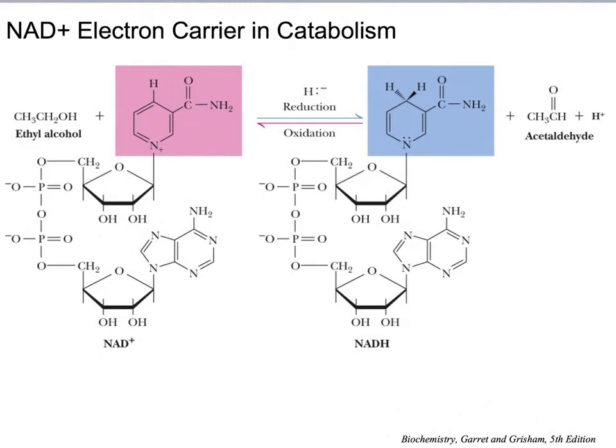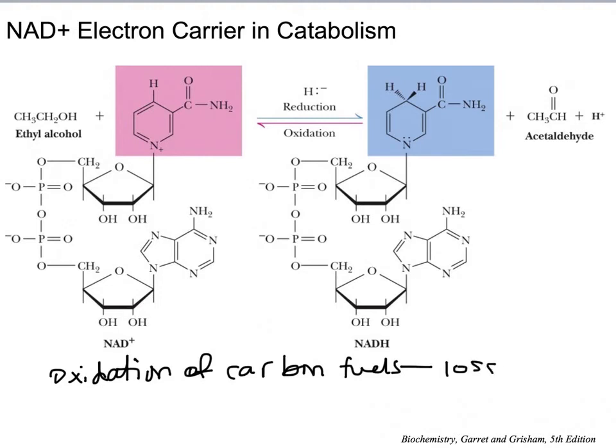Now, when we talk about oxidation of our carbon fuels, we have a loss of electrons. Where do these electrons go? Well, the ultimate electron acceptor in oxidation is oxygen, O2.